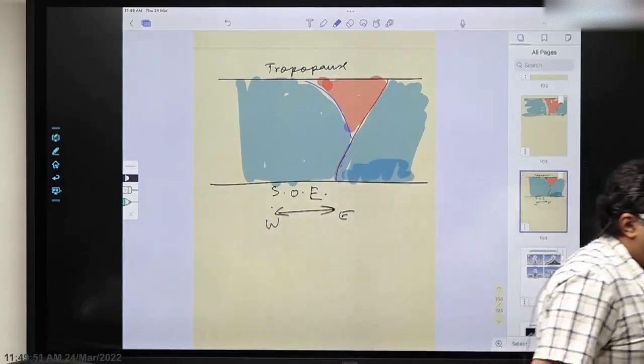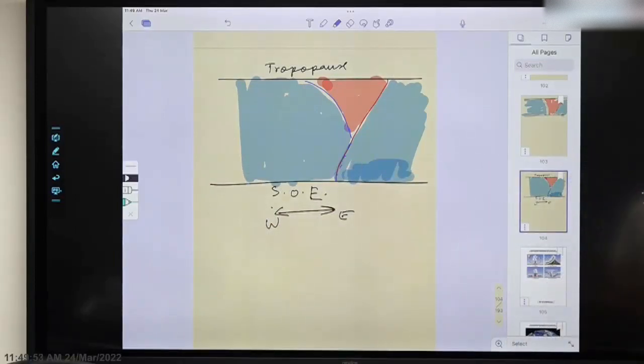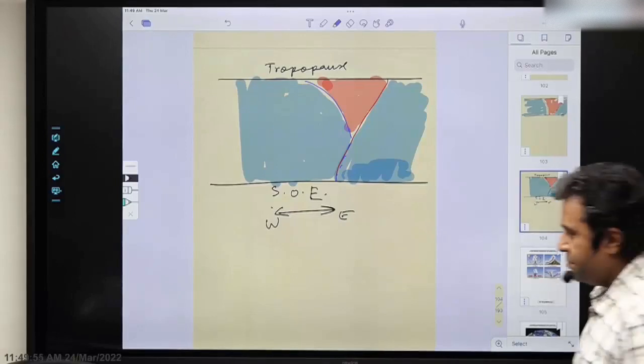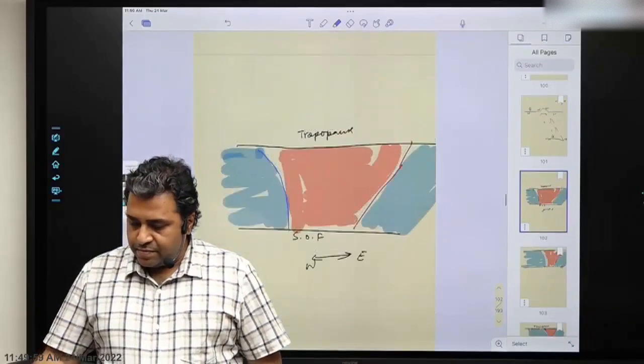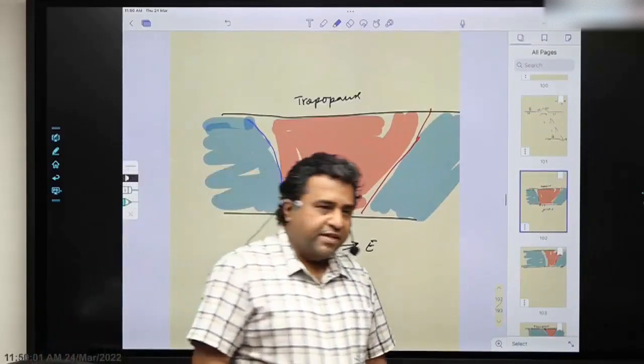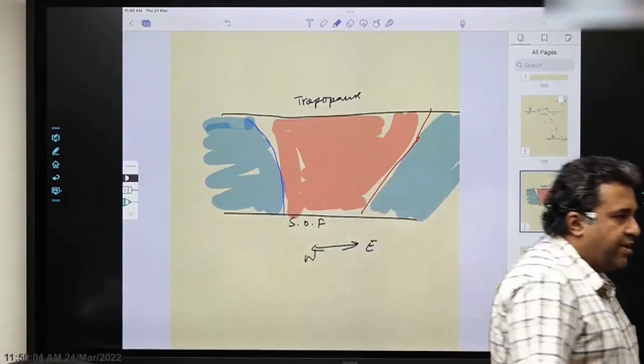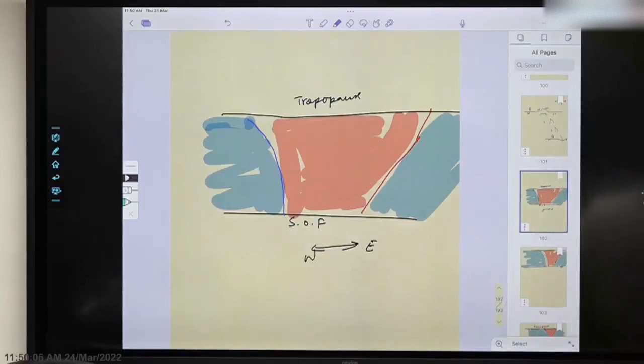As we see in figure 1A, 1A is this diagram. On the east of the warm front, what air mass do we have?